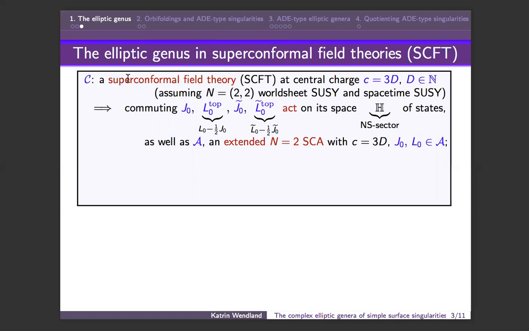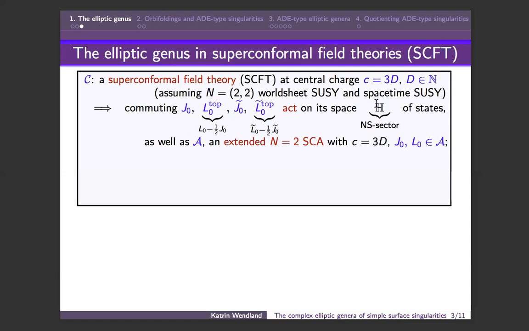And then of course, concerning the supersymmetry, I want to focus on theories that have N=2 world sheet supersymmetry on the left and on the right, and space-time supersymmetry in addition. And the central charge better be an integral multiple of 3. Then, of course, these theories come with beautiful mathematical structure, but we can focus on just a few essentials here.